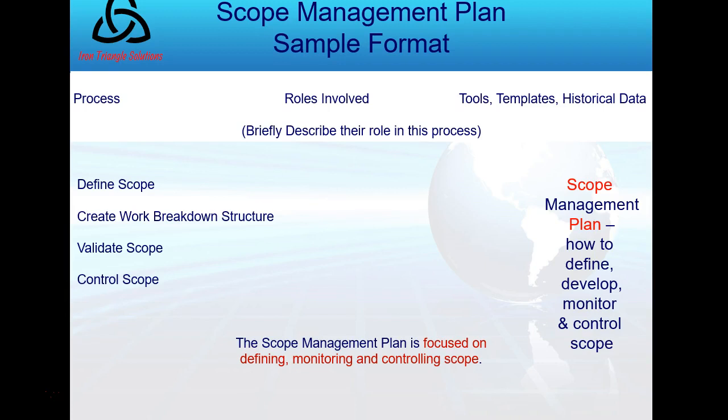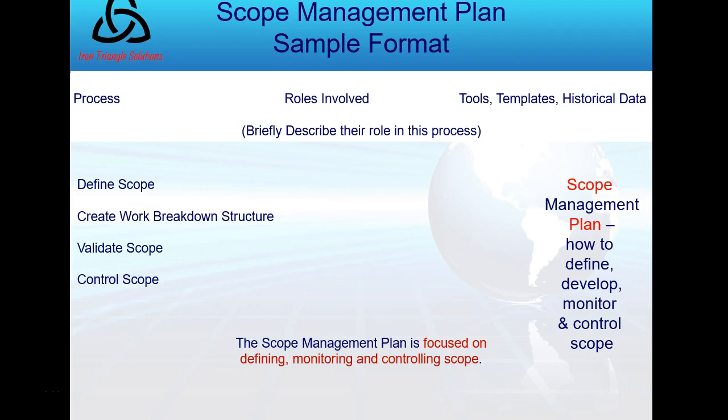You define the processes, remember it's how I'm going to do something. The processes, the roles and responsibilities, and what tools, templates, and historical data. This is a common define it, create it, and control it.